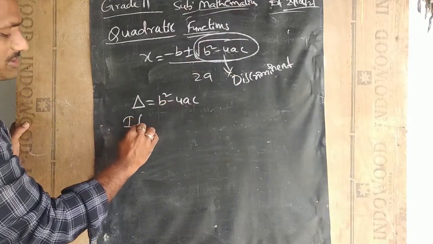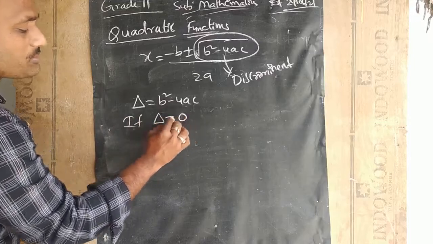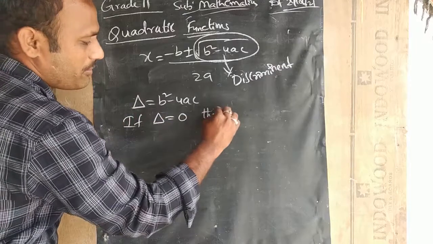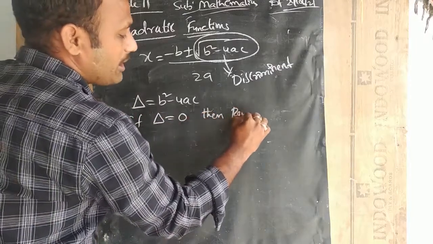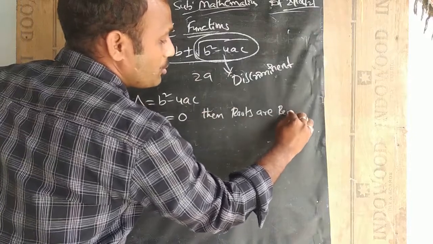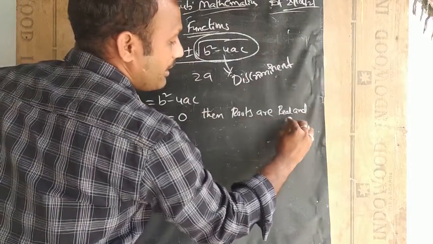The conditions are that, if delta is equal to 0, means if your delta value is 0, then the nature of the roots is real and equal. Roots are real and equal.